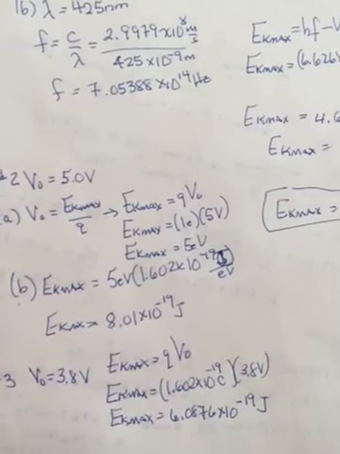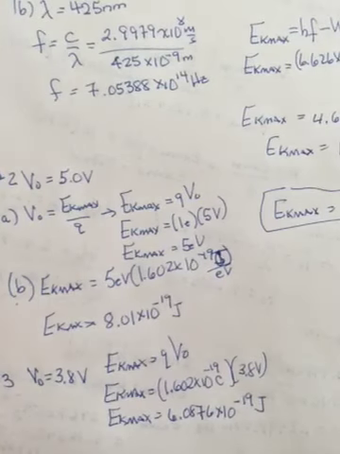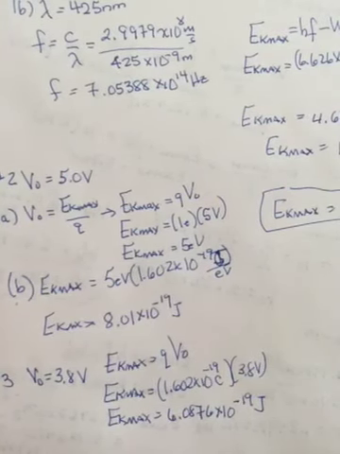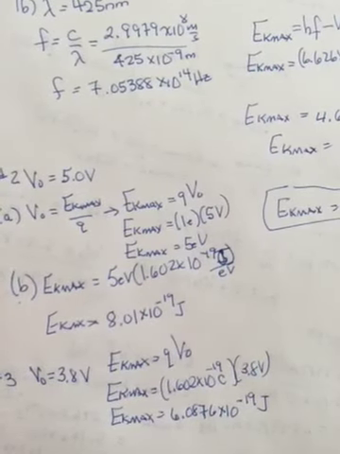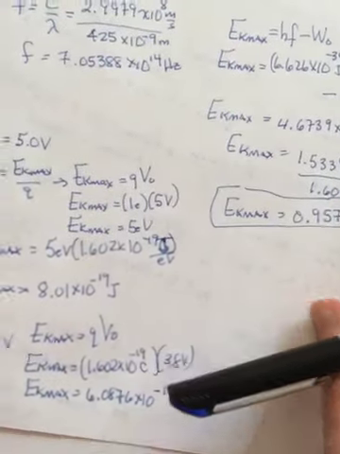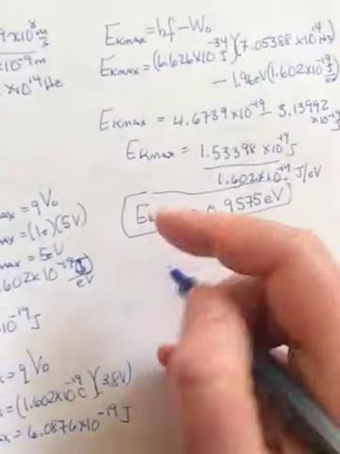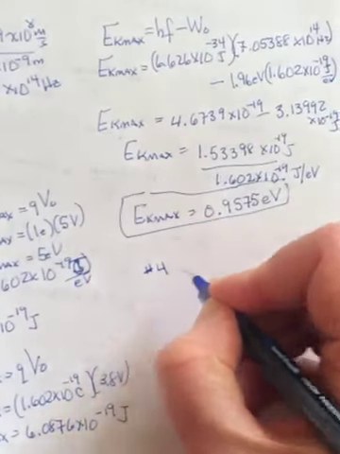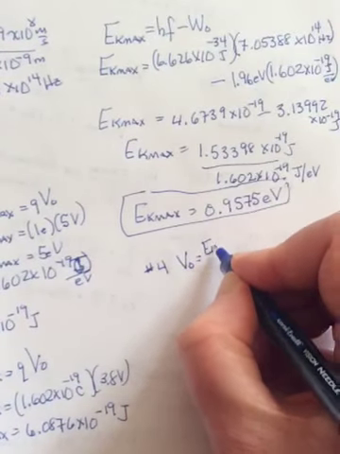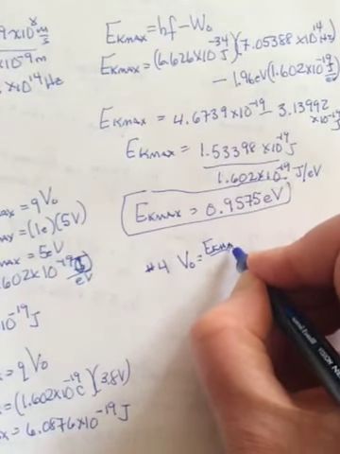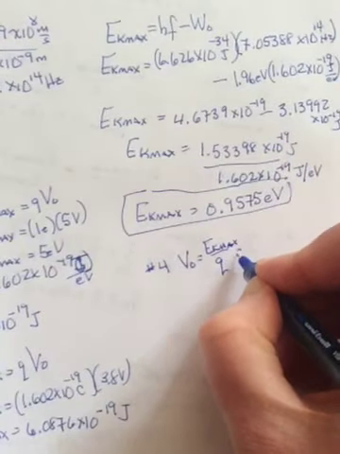Number 4. What potential difference is needed to stop electrons having a maximum kinetic energy of 4.8 times 10 to the negative 19 joules? So this time, we're just going in the opposite direction. So this time, we're looking for VO. They've given us EK max, and we know q.